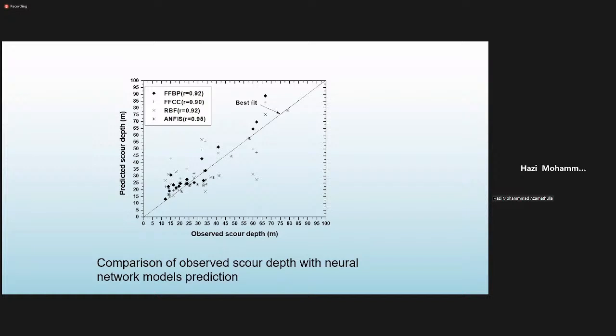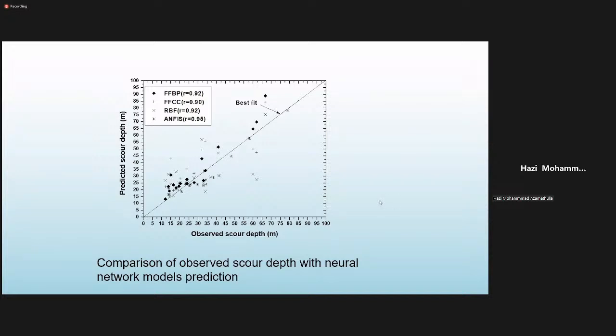You can capture those weights and matrices, then you can predict again at testing time. Comparison of observed values with the neural network model prediction: you can see still some outliers. FFBP at least gives, though some over and some under, something near your perfect line, the best fit line. Next please.